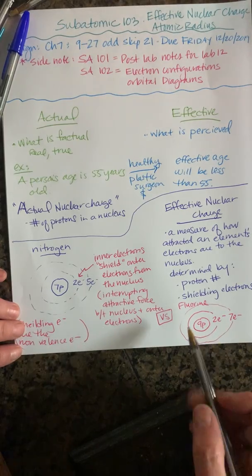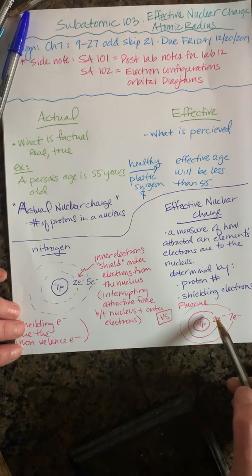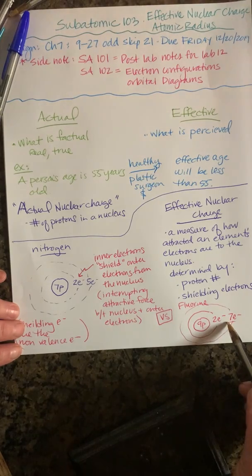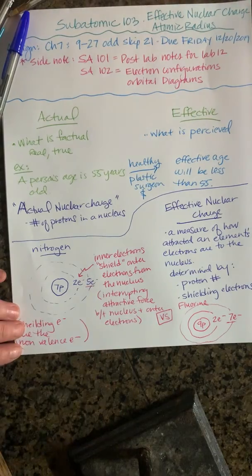So we would recognize that because fluorine has 9 protons and 2 shielding electrons, these electrons in fluorine would feel a greater effective nuclear charge than the nitrogen's electrons.